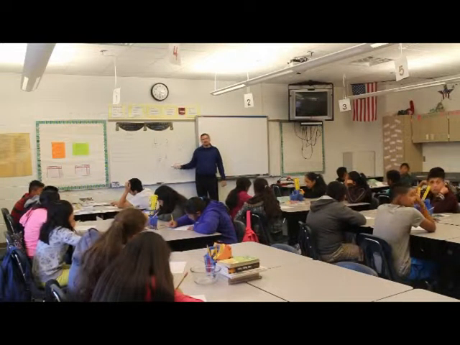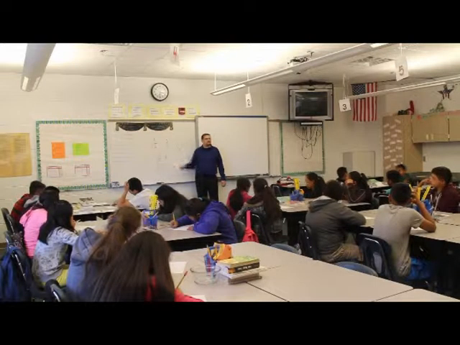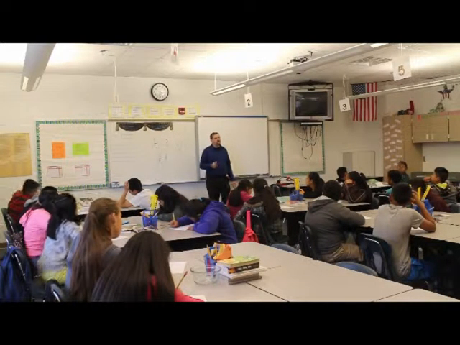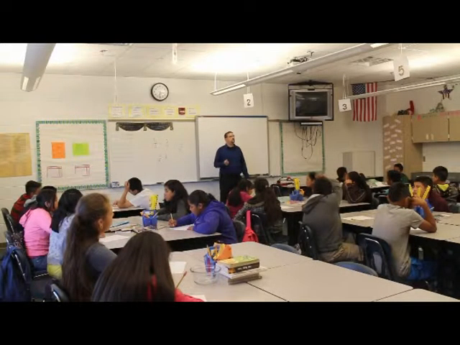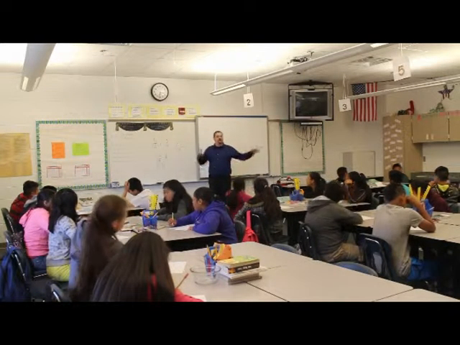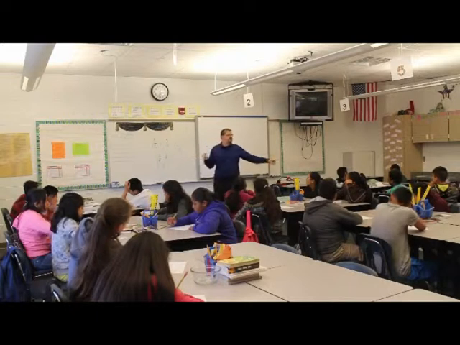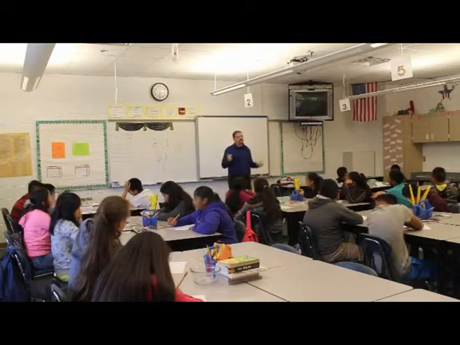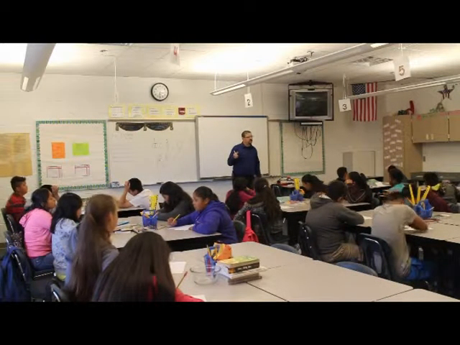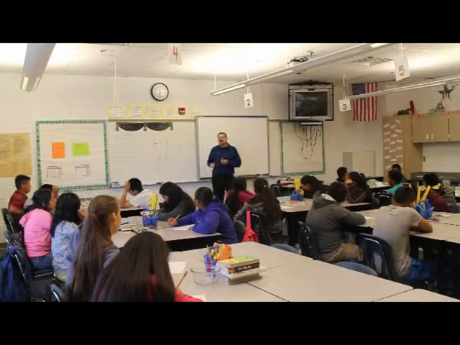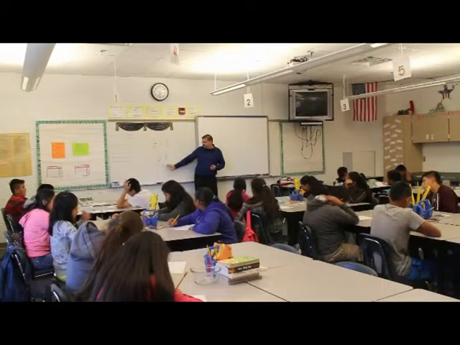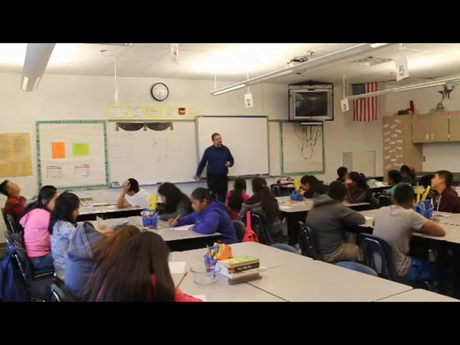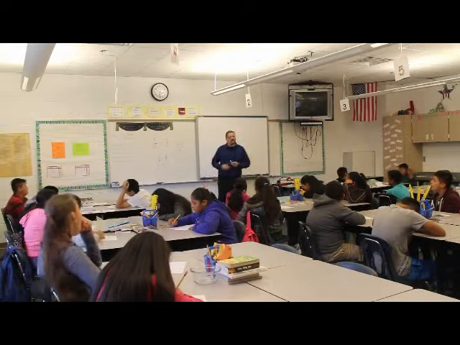Now, question, is there anything that I can do with that to make it smaller? No. Why do you say no? Nothing else goes into 11 except for 11 and 1. Okay, so if only 11 and 1 are factors of 11, what does that make that?